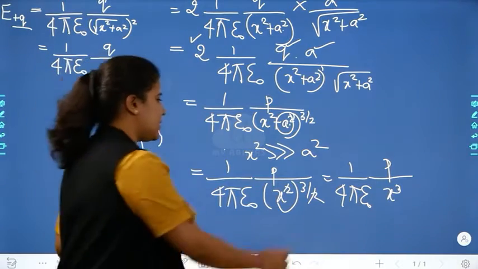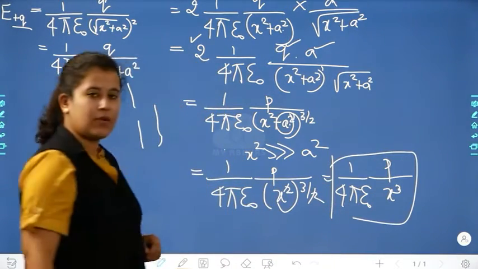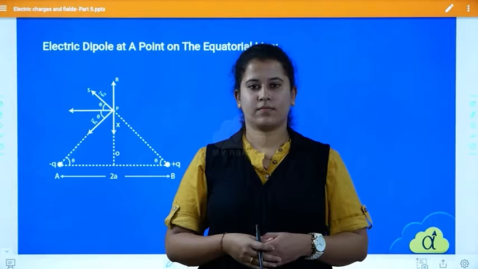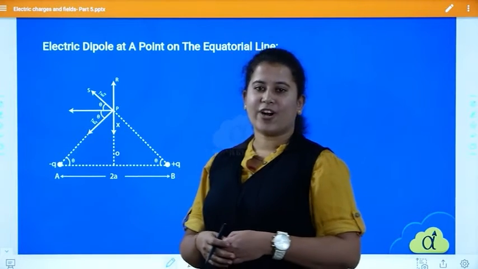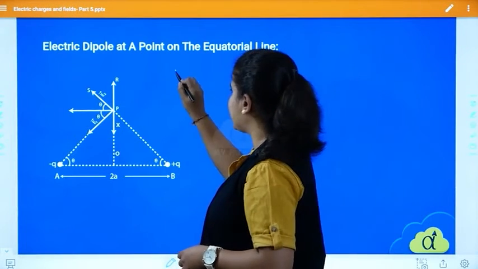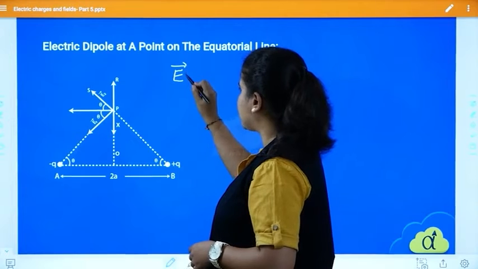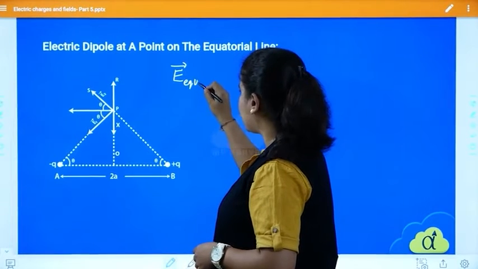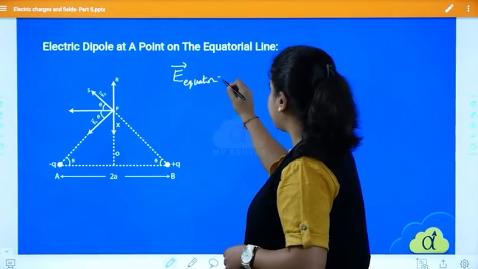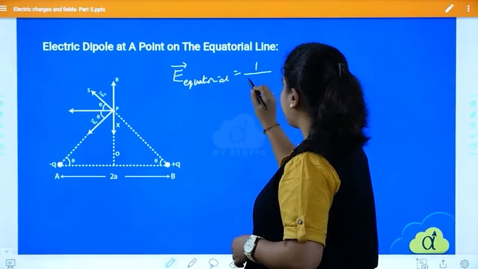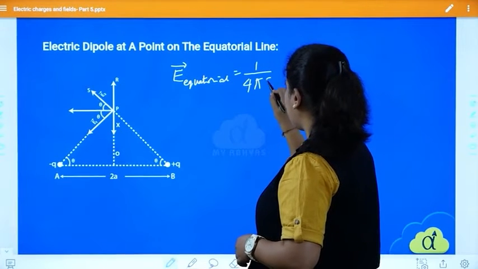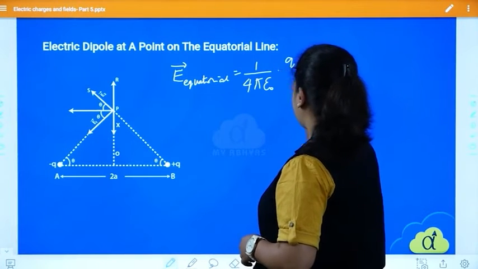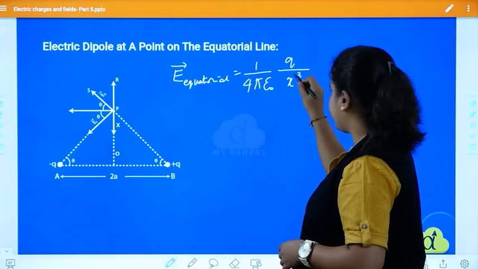Right, so this is the expression for the equatorial line. So we got the expression of electric field intensity on the equatorial line as E equatorial is equal to 1 divided by 4 pi epsilon naught P divided by x cube.